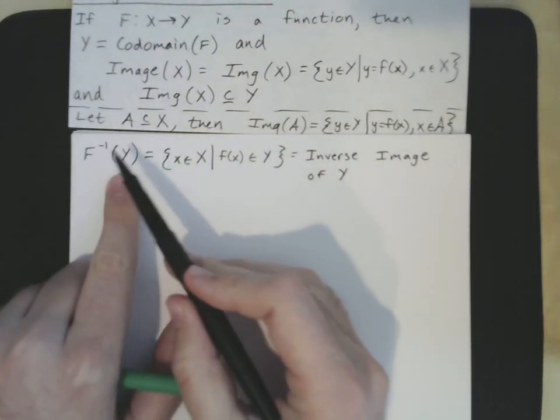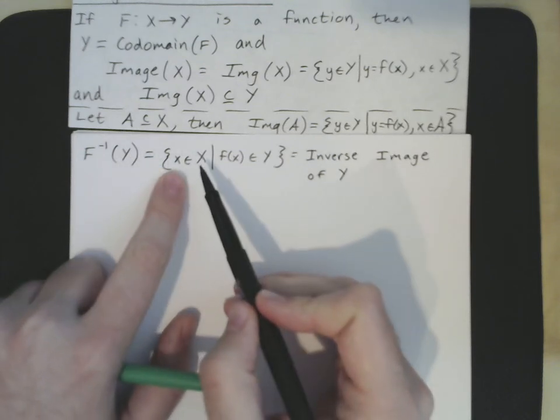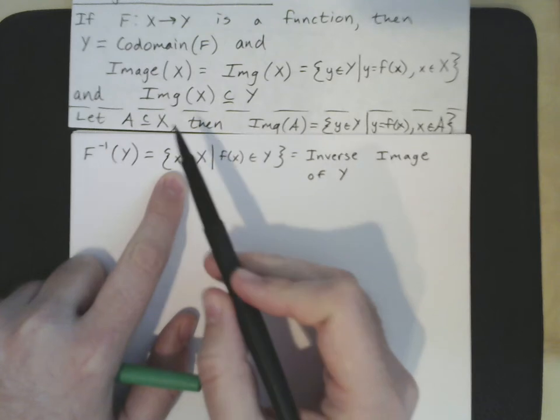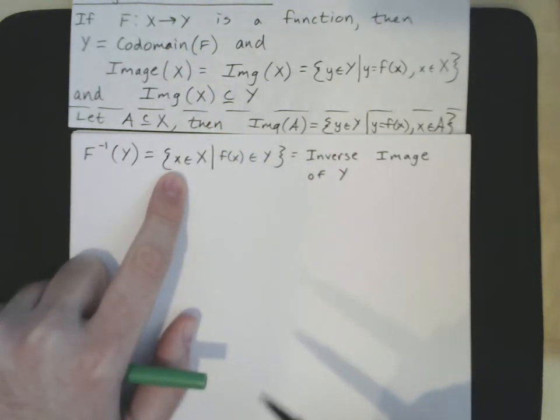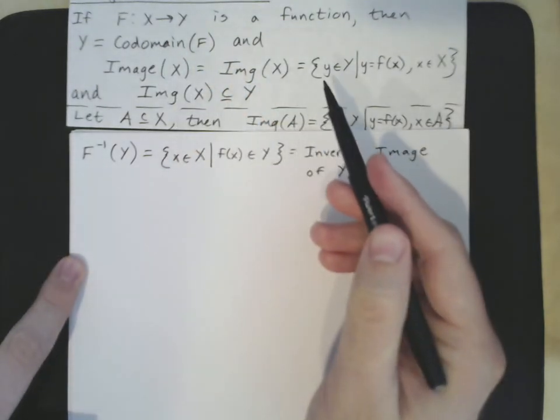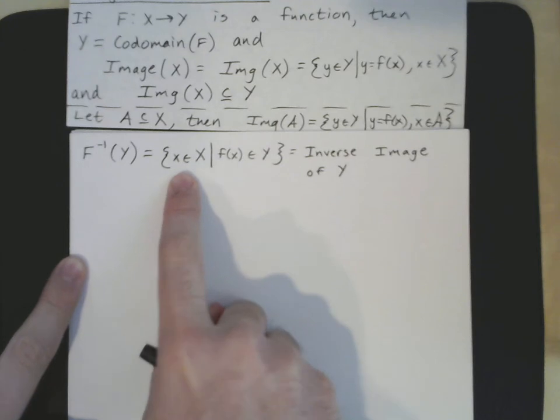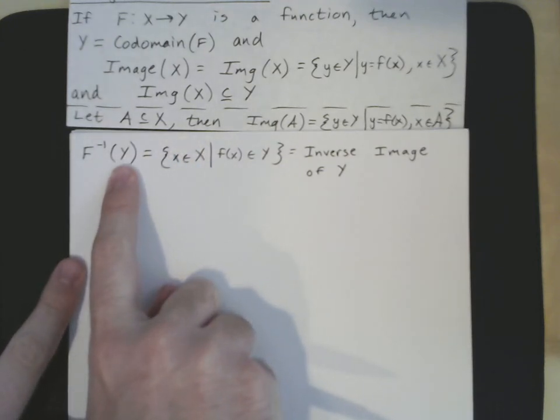The inverse image of our codomain is simply the x that we have defined by our function. So even though we've distinguished between codomain and images now, the inverse image only looks at the elements that would get us back to y. So I'm going to say that again here.